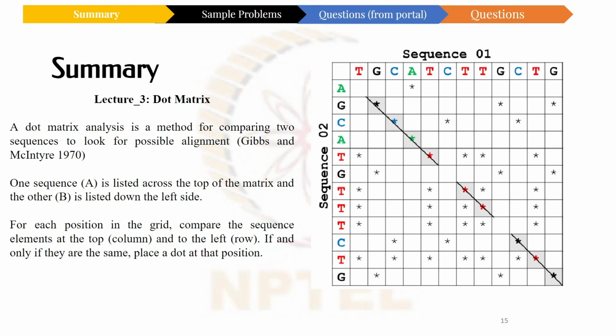To construct a dot matrix as shown in the image, two sequences are represented along the top row and along the y-axis of a two-dimensional matrix. In this matrix, a dot is placed at any position where the characters in the corresponding columns match. This results in a recurrence plot, and the size or intensity of the dot may vary based on the degree of similarity when characters accommodate conservative substitutions.